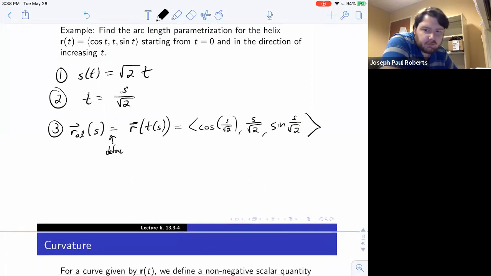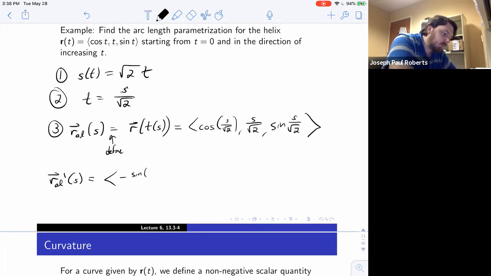To confirm that it did what we wanted, let's take the derivative with respect to s of this. So this is going to be minus sine of s over root 2, over root 2, comma 1 over root 2, comma cosine of s over root 2, over root 2.